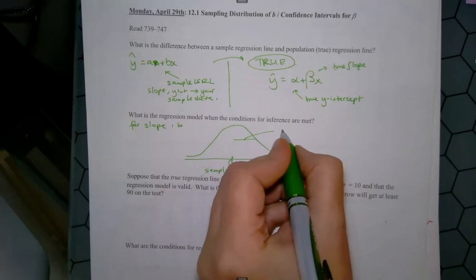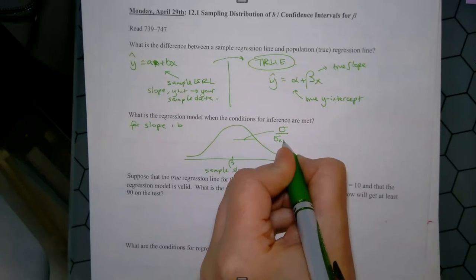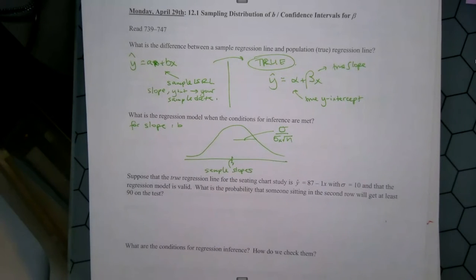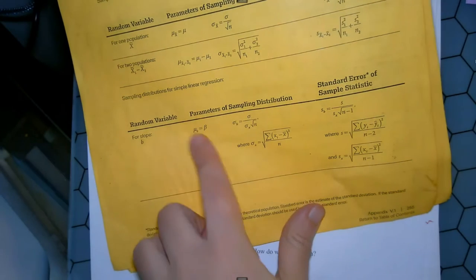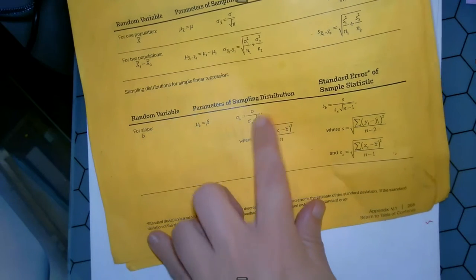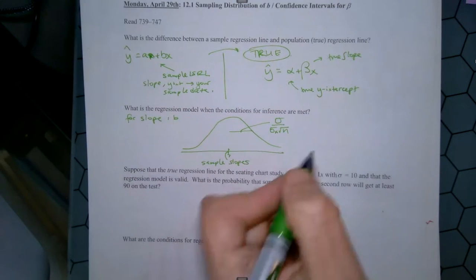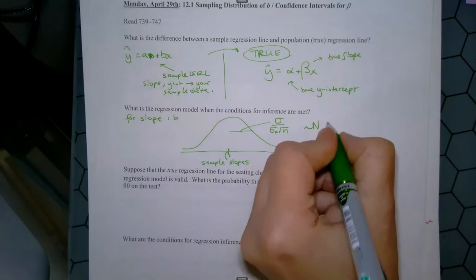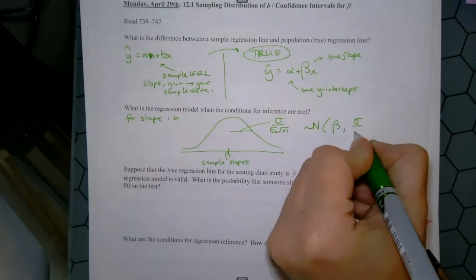This was sigma divided by sigma x times root n. So just so you know, at the very bottom of the second page of the formula sheet, we are here. The random variable is your slope. The true center is this business. And this is our standard deviation. Okay. So it is approximately normal with the true mean of beta, the true slope, and a standard deviation of this complicated stuff.